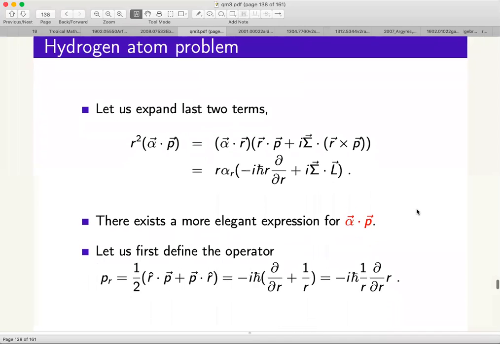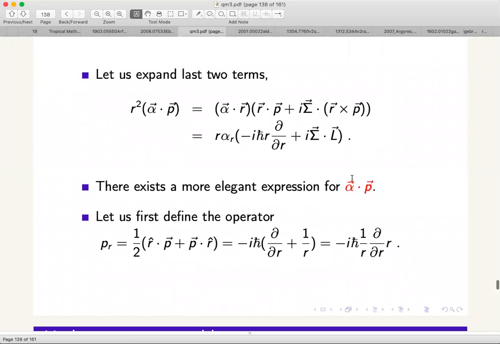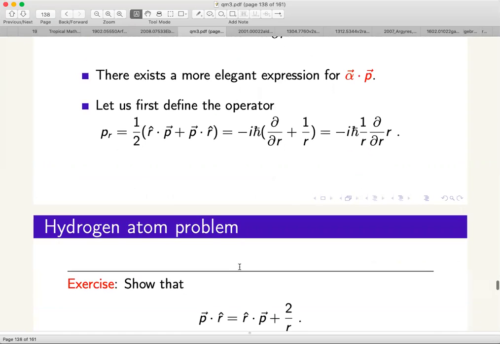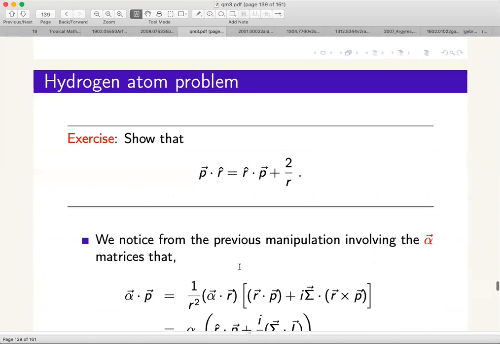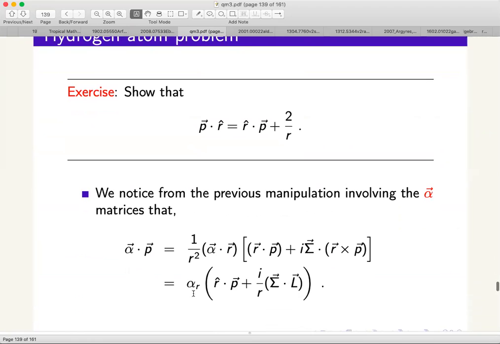So one could do a similar thing with alpha dot p, and you can write this expression with the pr term, written as r dot p plus p dot r, to be 1 over r del r of r, and use that expression to write alpha dot p in terms of the r dot p piece times the spin orbit coupling.